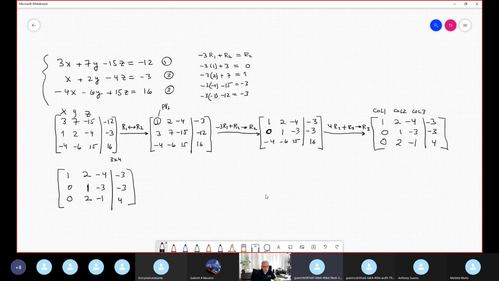So now I need to create 0 below the pivot. So what is the row operation? Somebody give me the equations. It's a part of the game. Try to find the row operation to make 0 here.